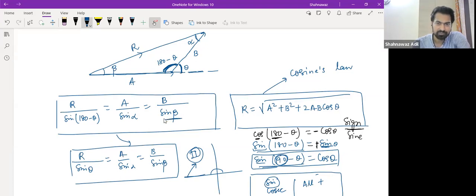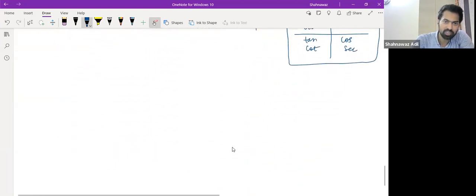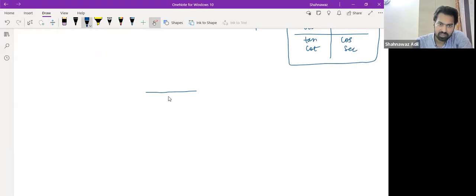And why is this important? Why is Lami's law, Lami's theorem important in context of this? Let's say I have given a vector. So let's say this is 3 Newton, this is A, and the resultant is, let's say, 5 Newton.